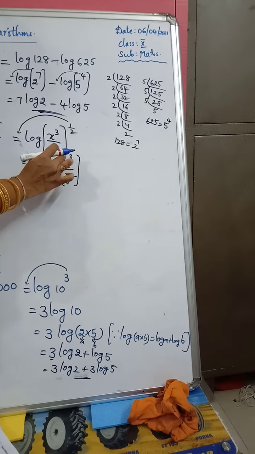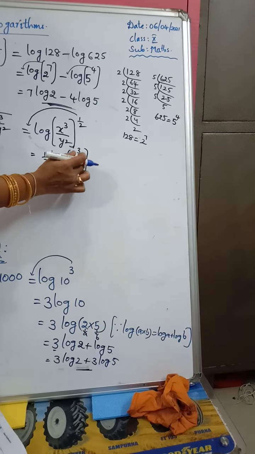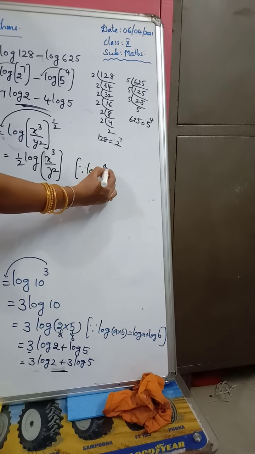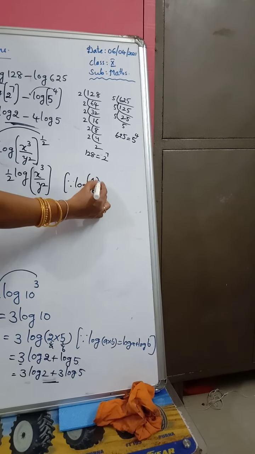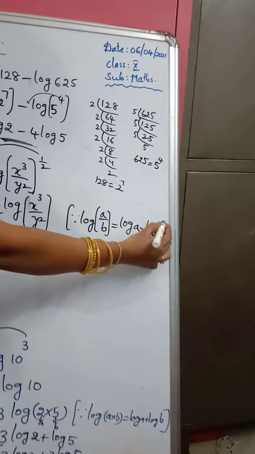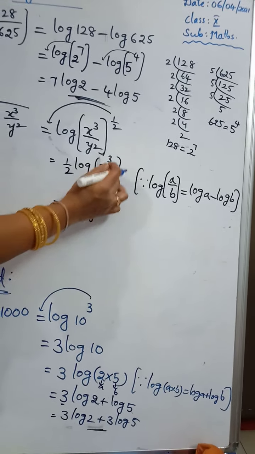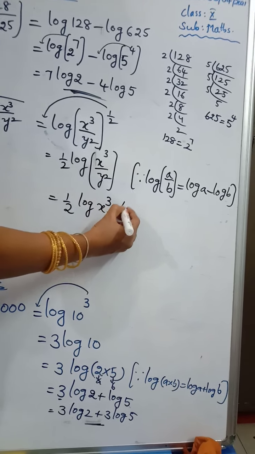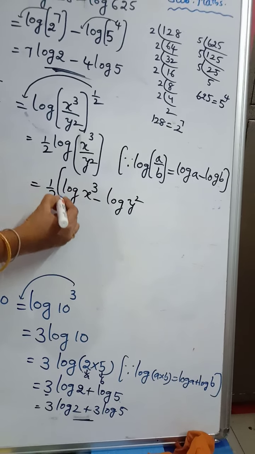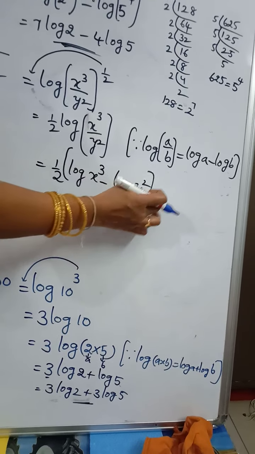Now you can see here it is again in the form of log a divided by b. Again we can apply the same formula: log a by b is equal to log a minus log b. Half we can write here only. Half into log a, what is a here? x cube, minus log b, what is b here? y square. This half is applicable for both terms, common for log x cube minus log y square.